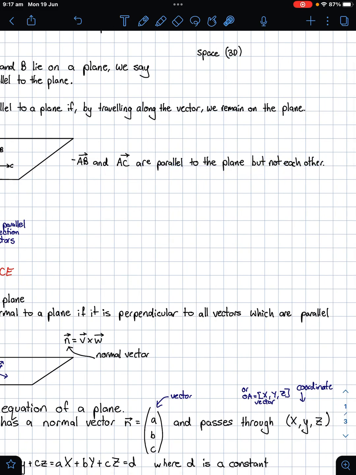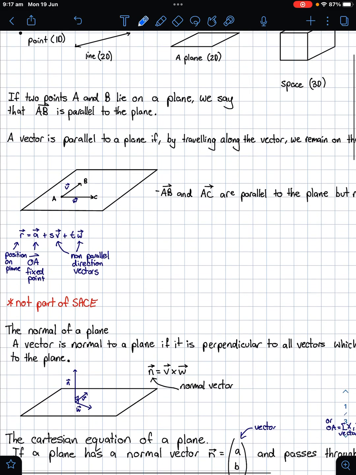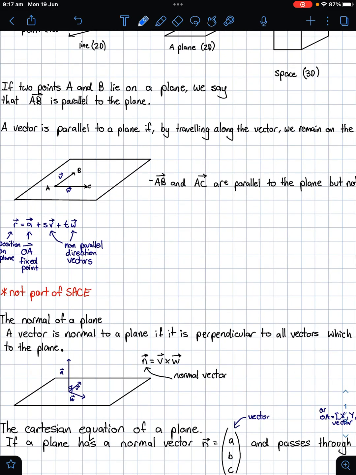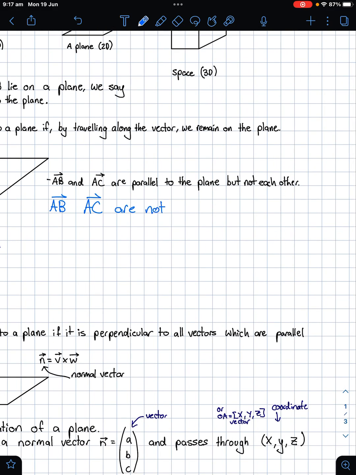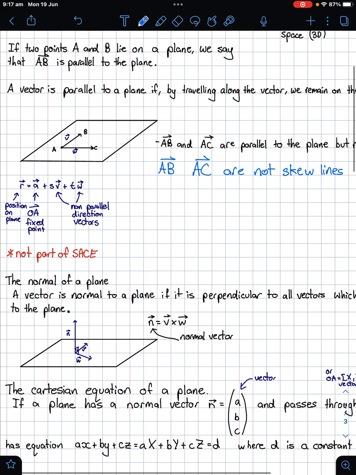And it's important to realise that AB and AC intersect, so they are not skew lines. The direction vectors aren't skew. They go through each other. They start from the same point.